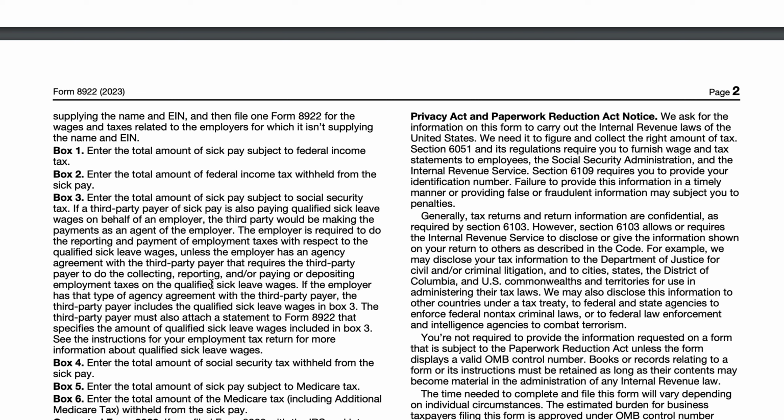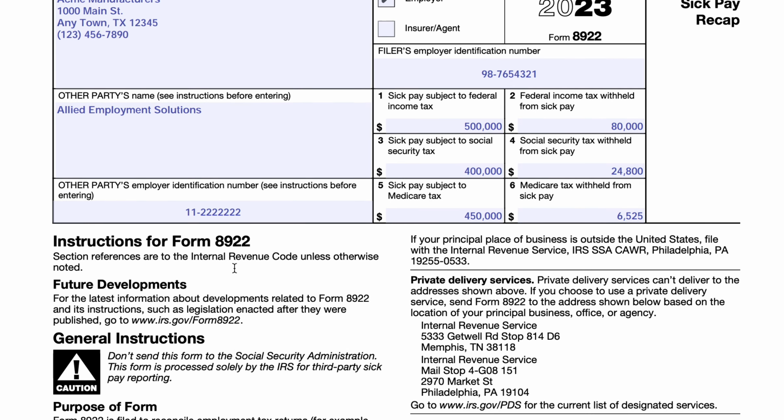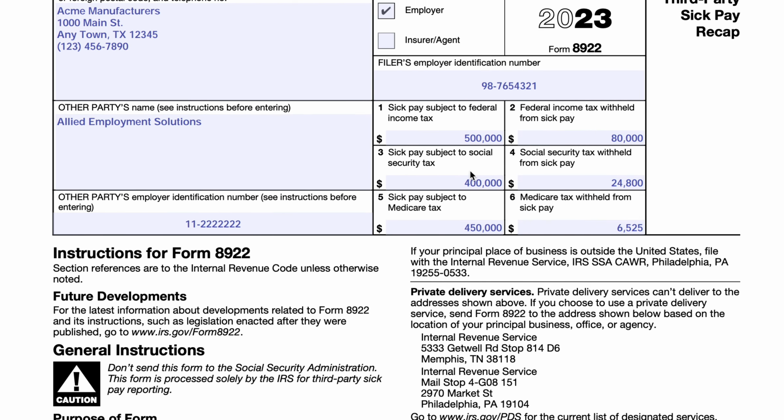So if the employer has that agreement, the third party includes the sick leave wages in box 3. They also include a statement, which would be attached to the completed form 8922, specifying the amount of sick leave wages in your box 3. So that's what that entire verbiage is.